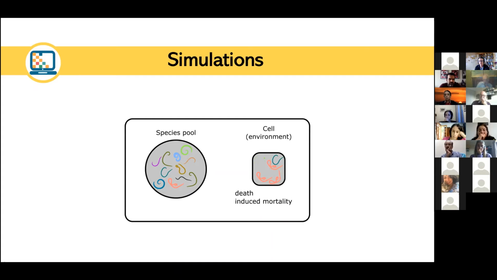So the model operates by discrete cycles of death, induced mortality. It means that the mortality is like environmental selection, deterministic death.